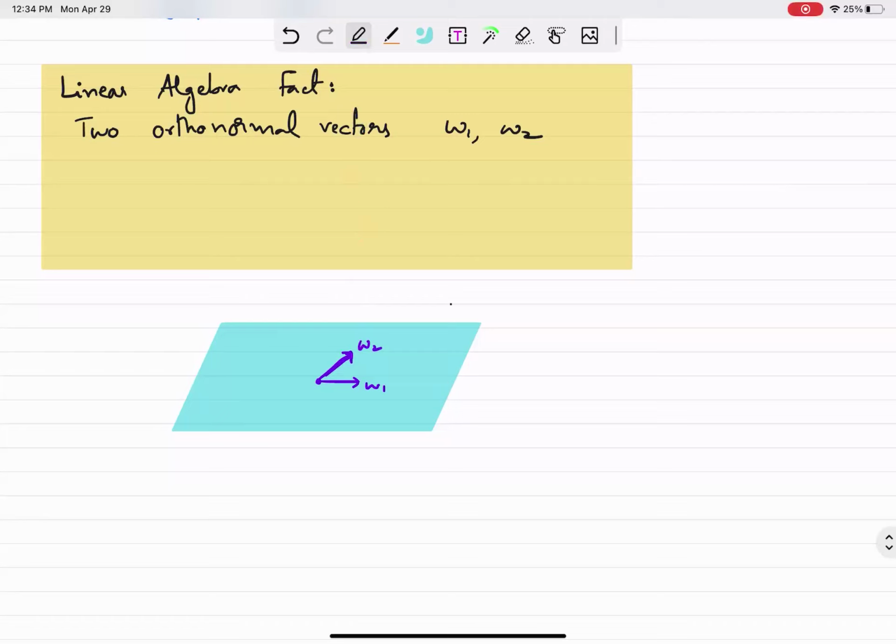And if another point X, right, so let's say T be the span of these two things, W1 and W2. Okay.